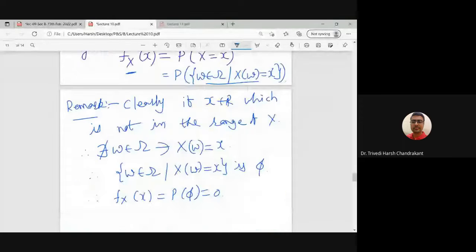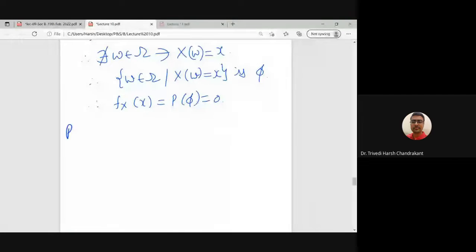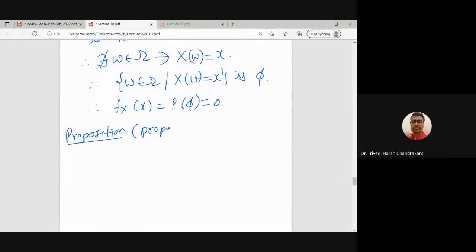Okay, so let us write down all these properties. So this is a proposition. The properties are very simple to prove. Properties of the probability mass function.